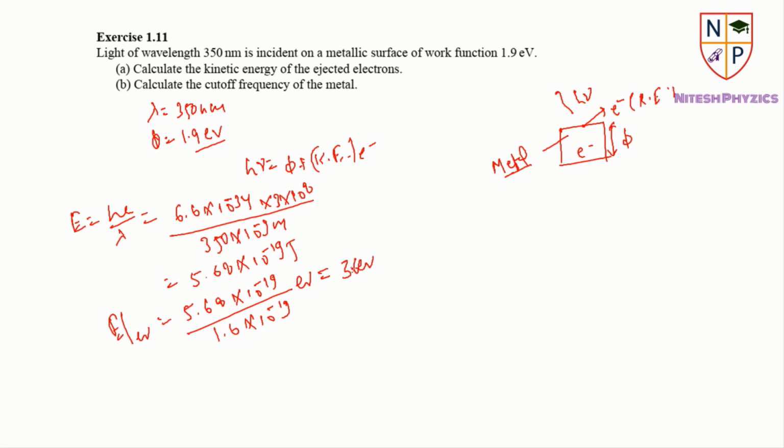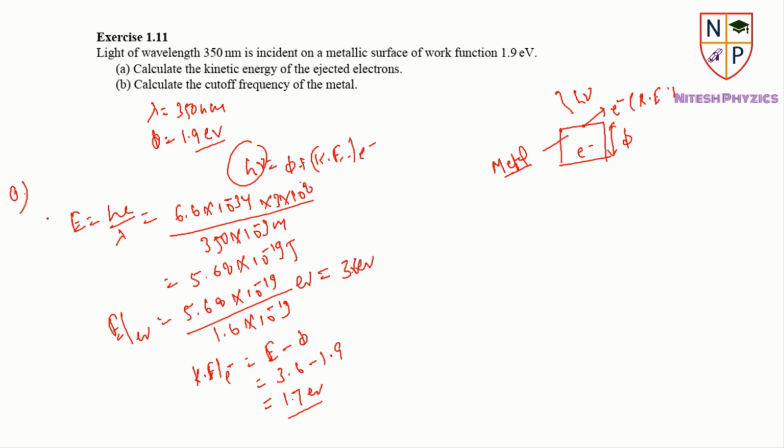Now according to energy conservation, h nu is equal to phi plus kinetic energy of electron. So kinetic energy of electron will be E minus phi, that means 3.6 minus 1.9, we get around 1.7 electron volt. This is part A: kinetic energy of the ejected electron will be 1.7 electron volt.